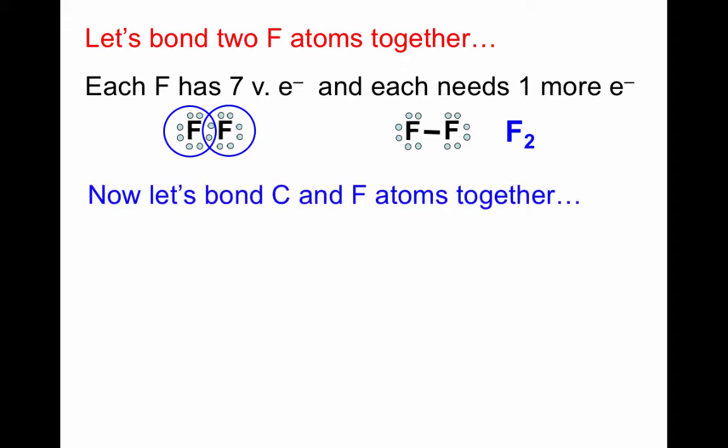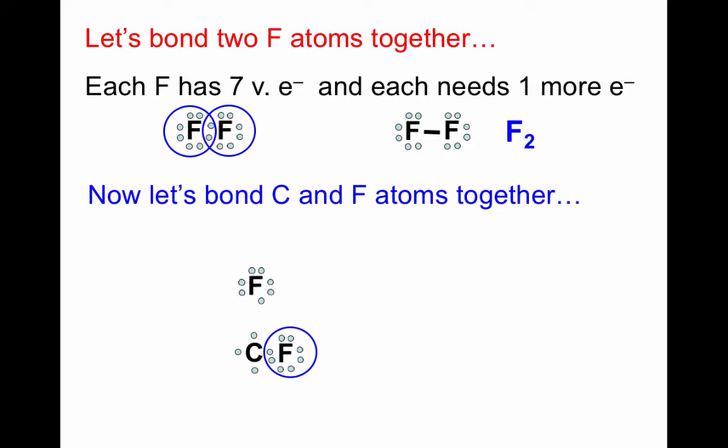So now let's look at the carbon in fluorine. So we already said that carbon has 4 valence electrons and fluorine has 7 valence electrons. So let's start by drawing our carbon with 4 valence electrons, 1 dot on each side. Fluorine will come in on the right side to bond to fill the 2 electrons in for carbon. Now fluorine has 8 valence electrons by sharing that 1 electron with carbon.